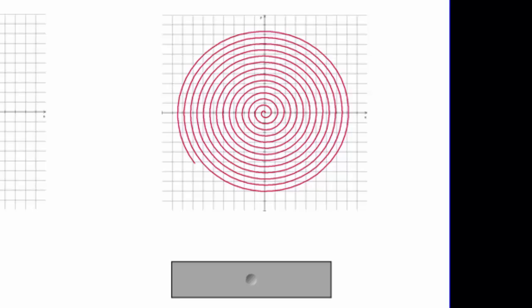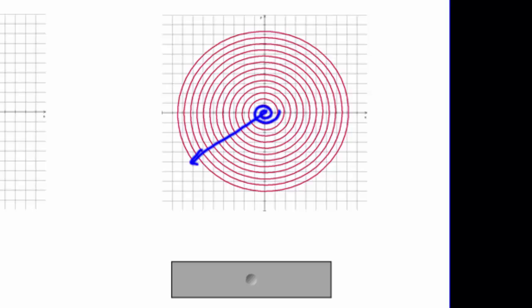So here's 360 degrees, 720, and so on until we end up with an angle that ends somewhere out here.